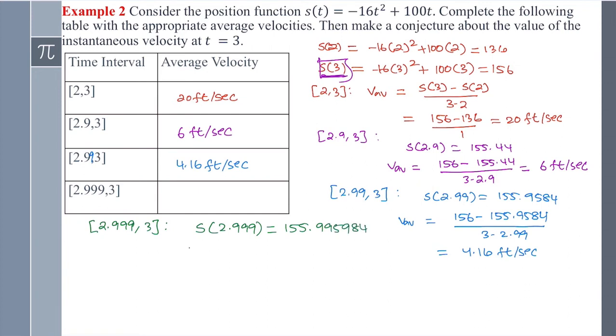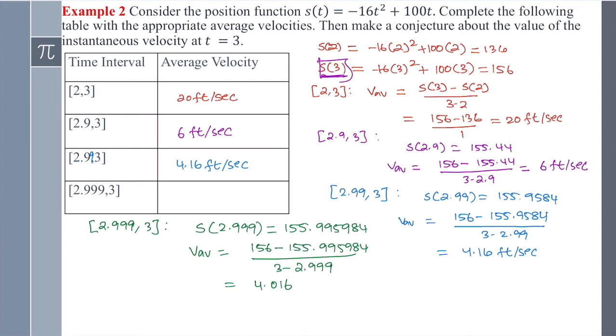Then the average velocity equals s of 3, which is 156, minus 155.995984 divided by 3 minus 2.999. When we put this into the calculator, we'll get 4.016.